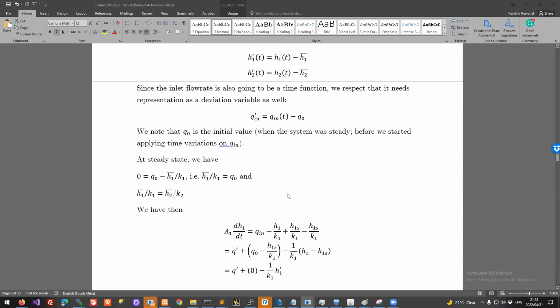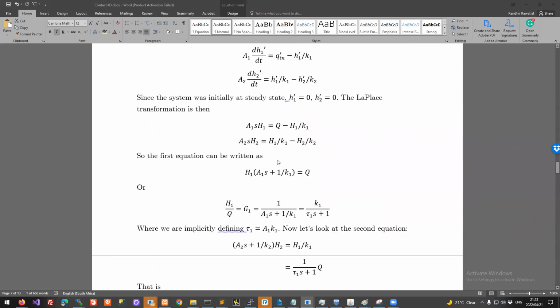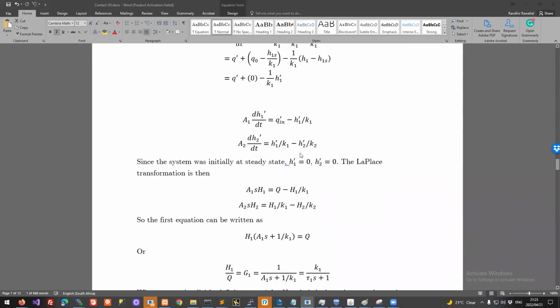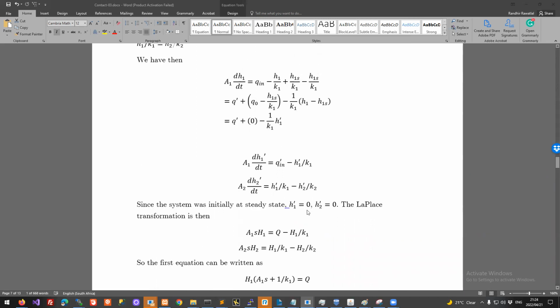And if you make all those substitutions into your equations, you can read through all this or work this out yourself. We'll see that we get to a nice simple form that looks like this. So eventually everything is written in terms of deviation variables like this. And we know the reason that we are doing this is we are trying to get initial conditions of 0.